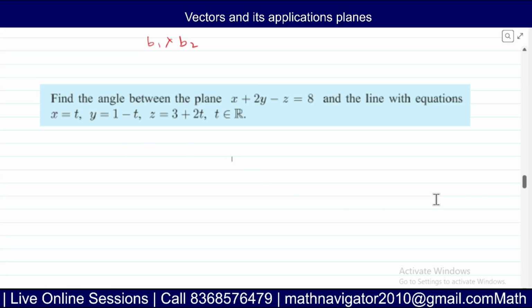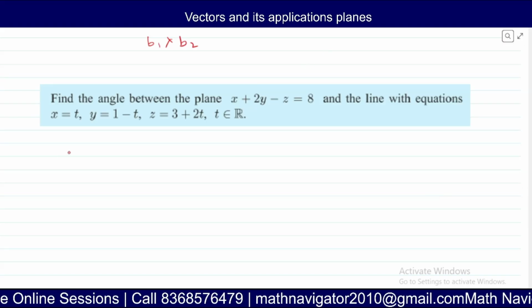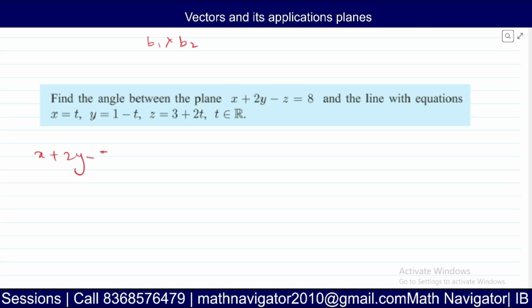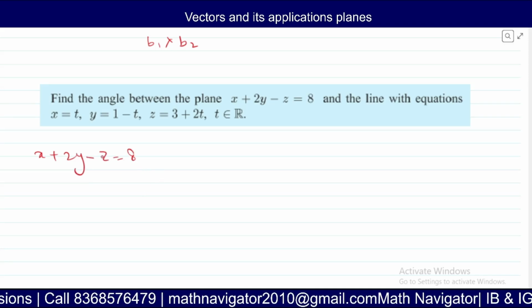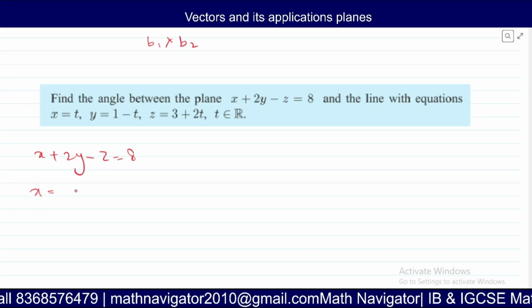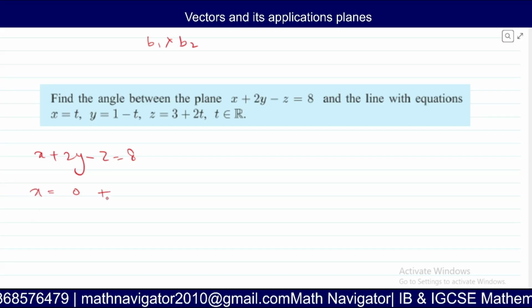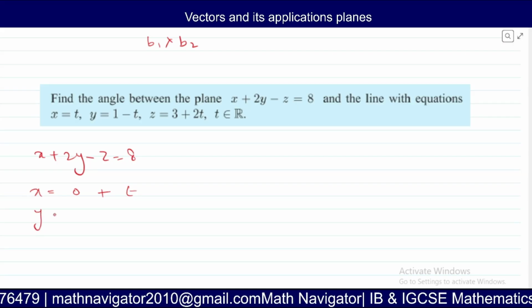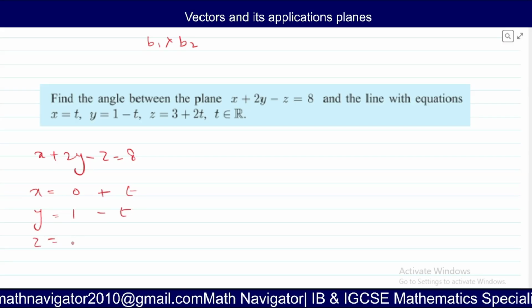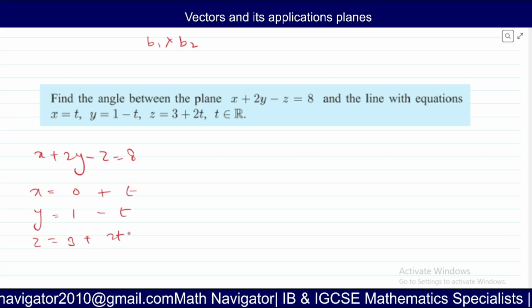So this is my equation of the plane: x plus 2y minus z is equal to 8. And then I have x equal to 0 plus t, y is equal to 1 minus t, and z is equal to 3 plus 2t.